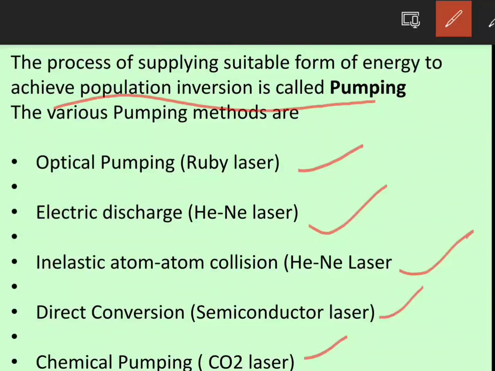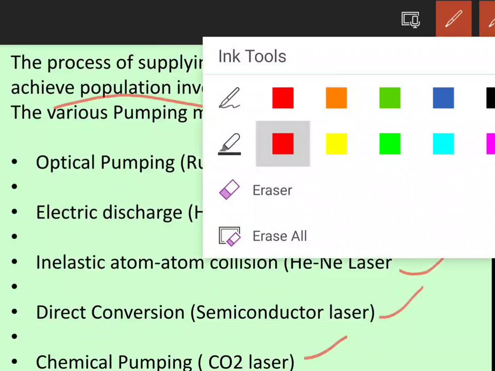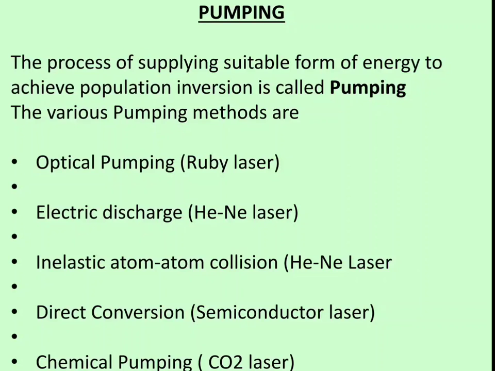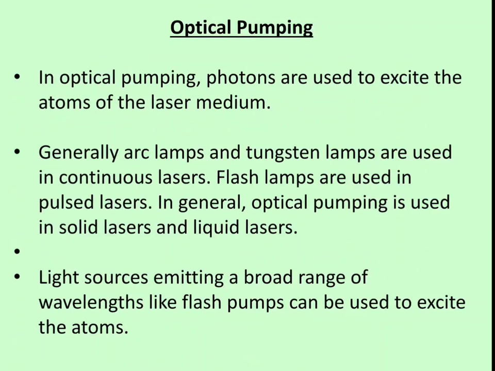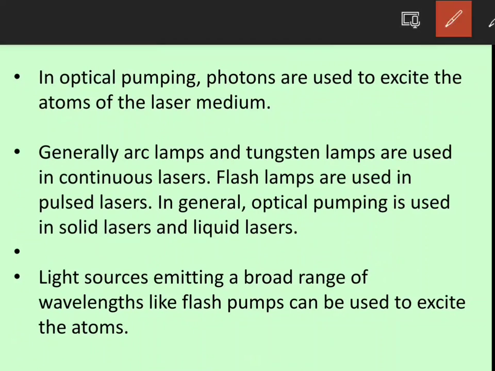Let us discuss briefly these various types of pumping methods. The first pumping method is the optical pumping method. The word optic here means light. So simply, in the optical pumping method the external source is in the form of light.